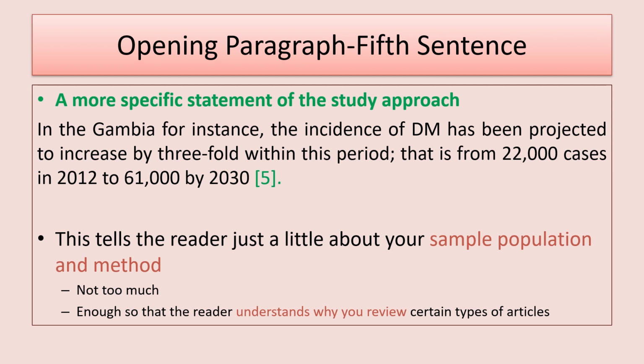The fifth statement of the opening paragraph, a more specific statement of the study approach. In the Gambia, for instance, the incidence of DM has been projected to increase by threefold within this period, that is from 22,000 cases in 2012 to 61,000 by 2030.